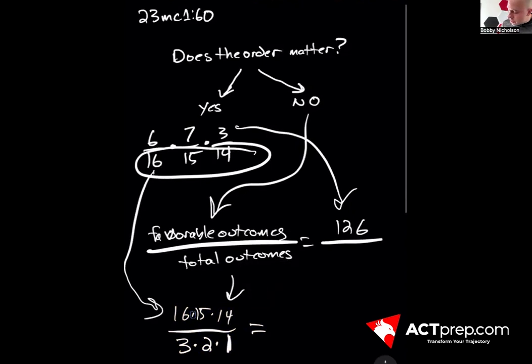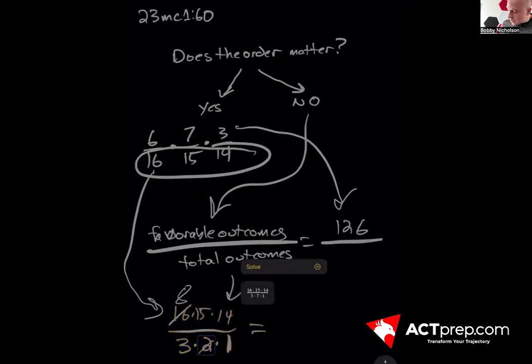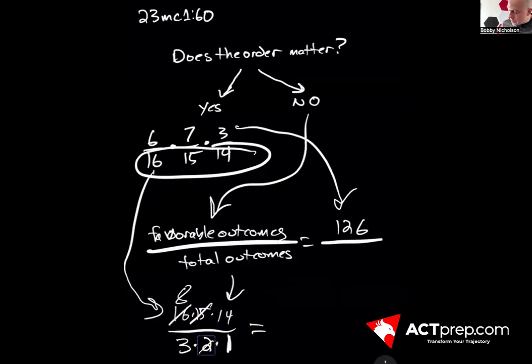To simplify this, we're just going to go ahead and cross some of these off to make our life easy. And then it's just 8 times 5 times 14. It's going to be 560 for our total outcomes.